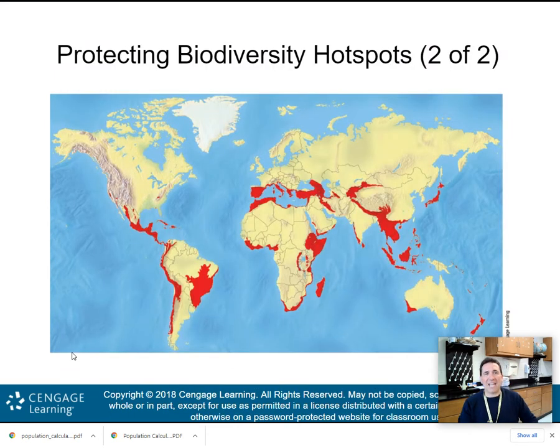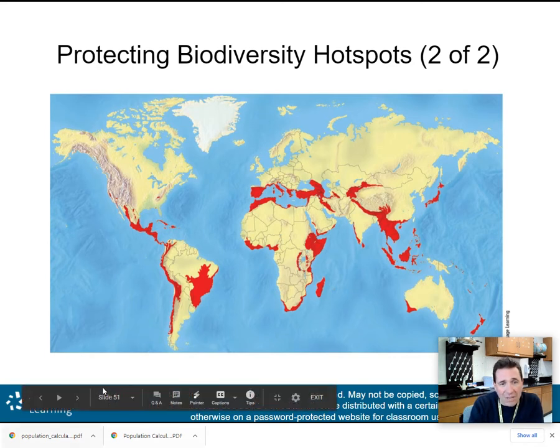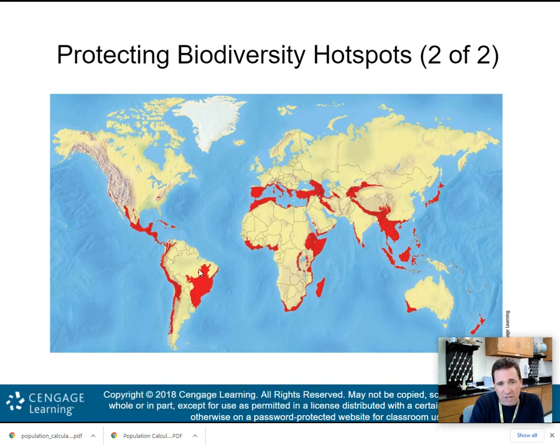So here is basically a picture of where these biodiversity hotspots are located. You'll notice many in Central America and along the west coast of South America. There's Brazil here, biodiversity hotspot. Looks like a little one right in the Appalachian Mountains somewhere, right? A little one right around Central California. Then we have parts of Europe, parts of Africa, parts of Asia, Australia.